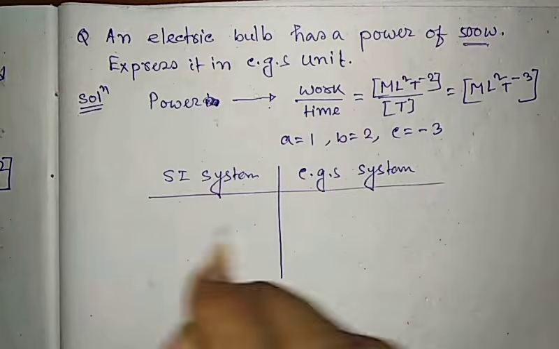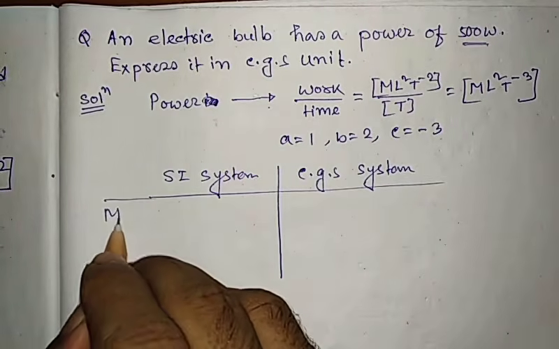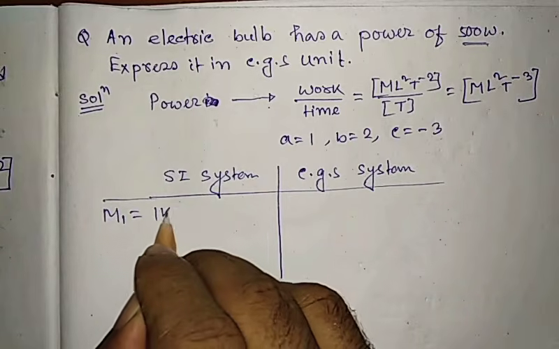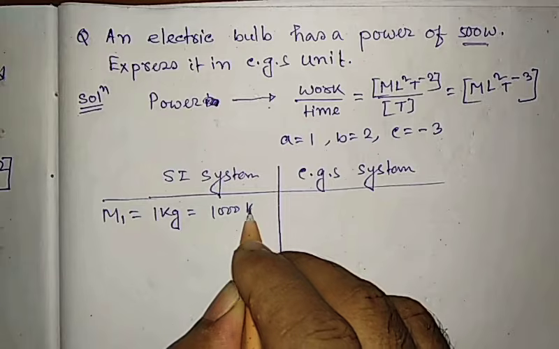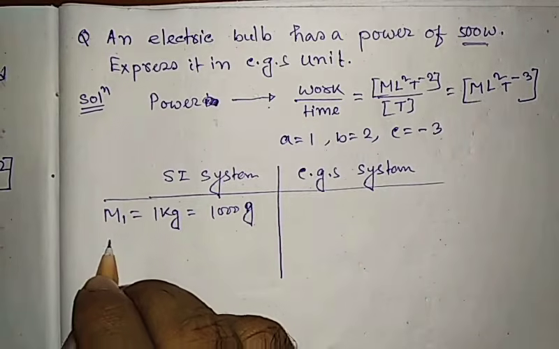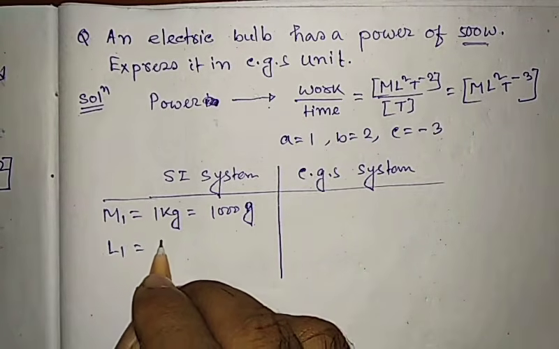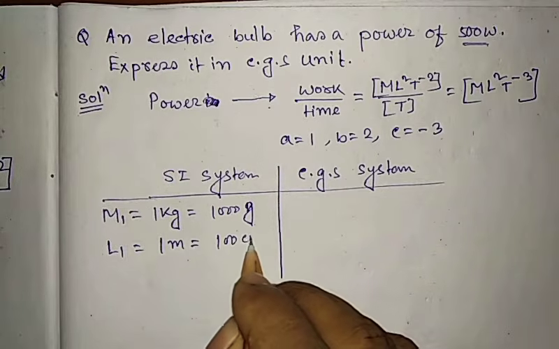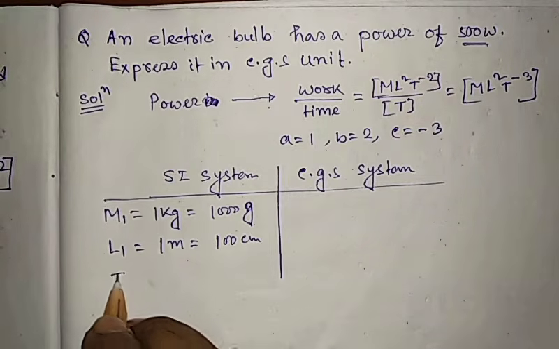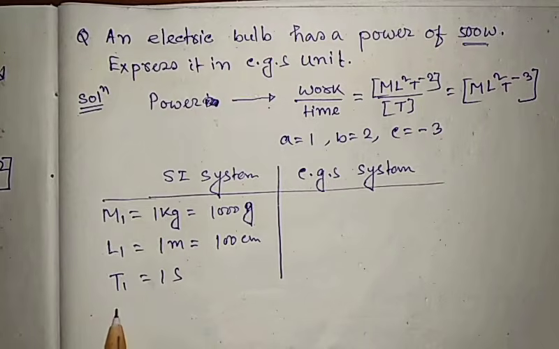Okay, so now M1 is equals to, we know that this is the 1000 gram, L1 is equals to 1 meter is equals to 100 centimeter, and T1 is equals to 1 second, and N1 is equals to 500.